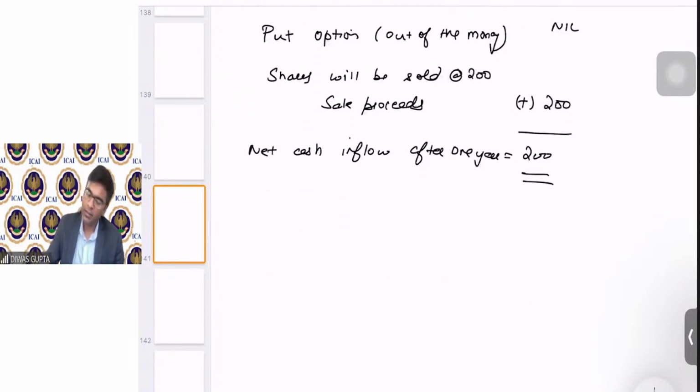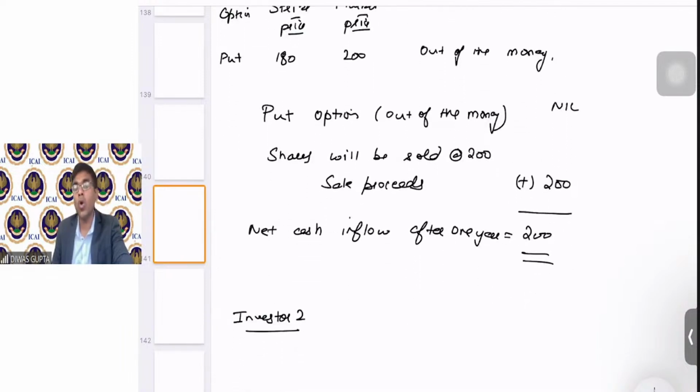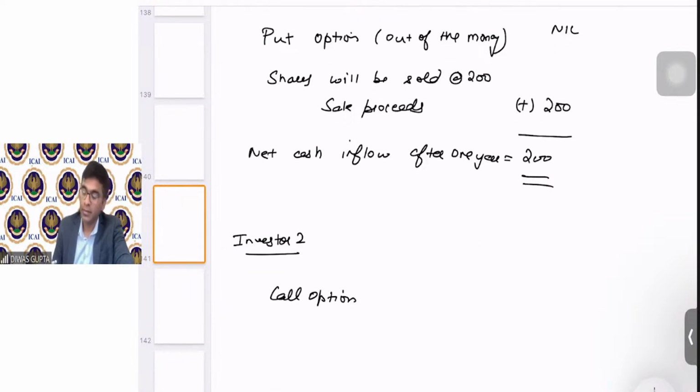Now let's take investor two's case. Now investor two had purchased a call option. If I've purchased a call option, which strike price is 180, market price in this case that we are assuming is 200.